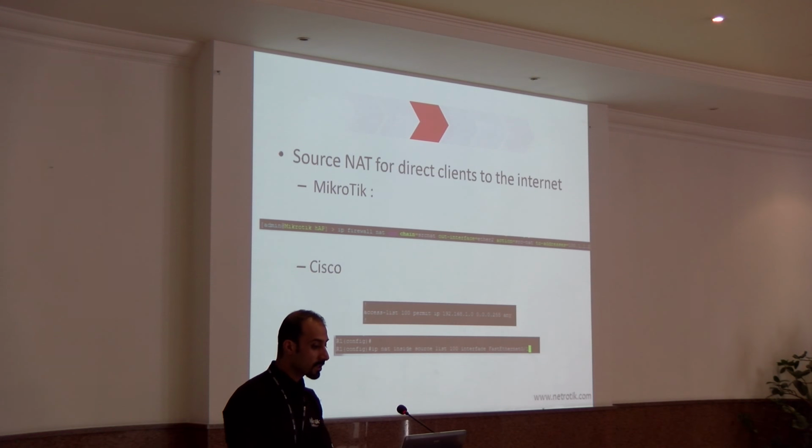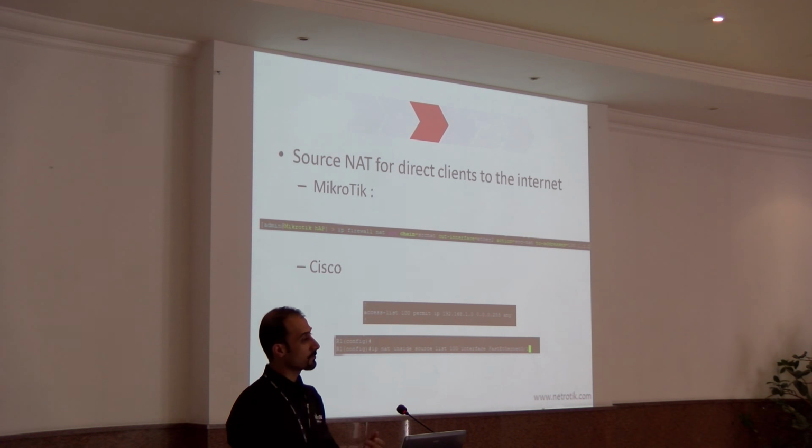But in the Cisco router, it's a little bit different. First you need to configure the access list, telling the router which addresses need to be source NATed, directed to the internet, and translated to the public address.